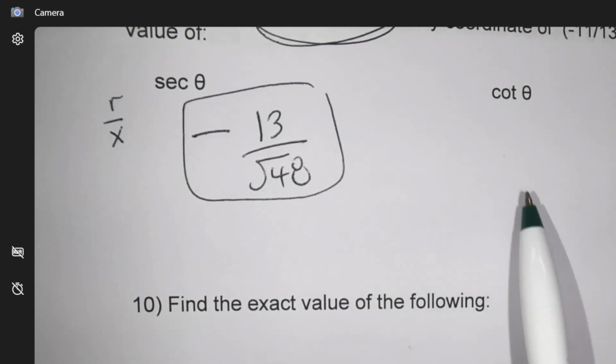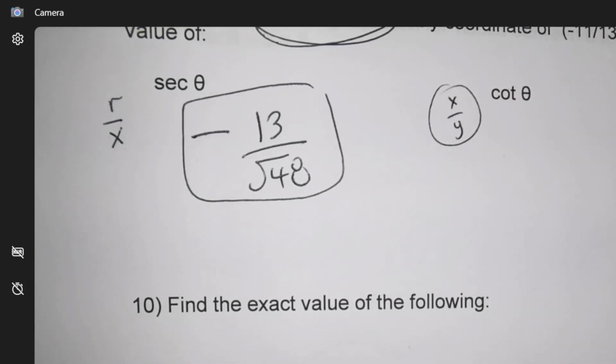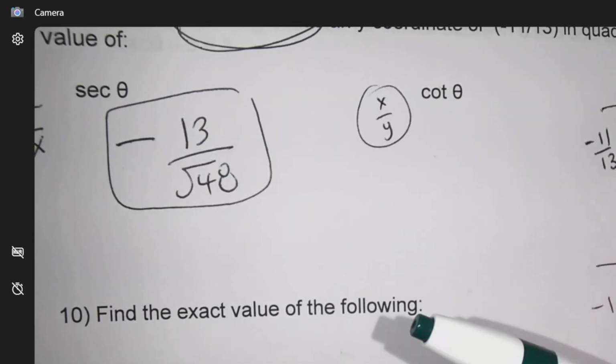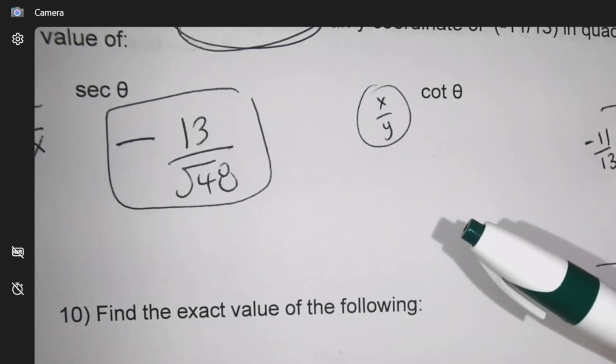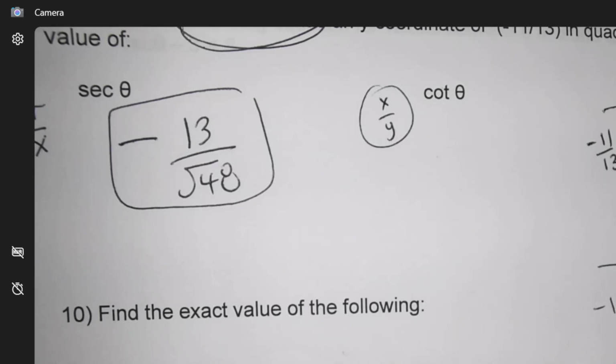And cotangent, what are we at? X over y. Do you know what's going to happen with these two values divided? This is negative and this is negative. So my answer is going to be positive.